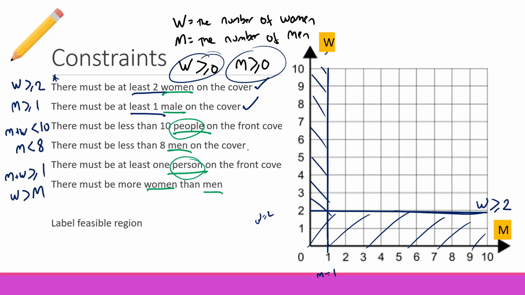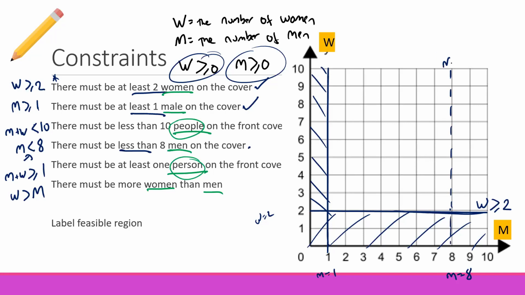The next easiest one to do is the one 2 down. There must be less than 8 men on the cover. That means if I go over to 8 men, or M equals 8, that's less than. Because it says less than, I have to make sure that I do a dotted line. We cannot actually include this line in the graph.